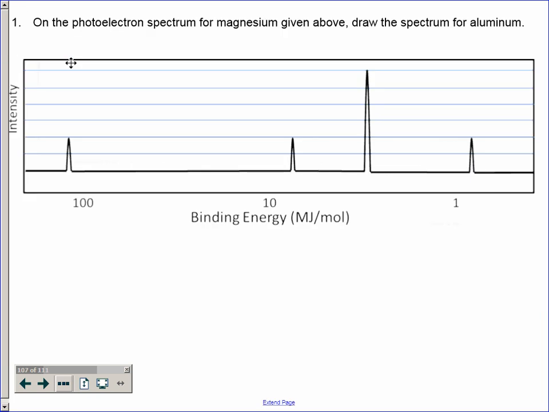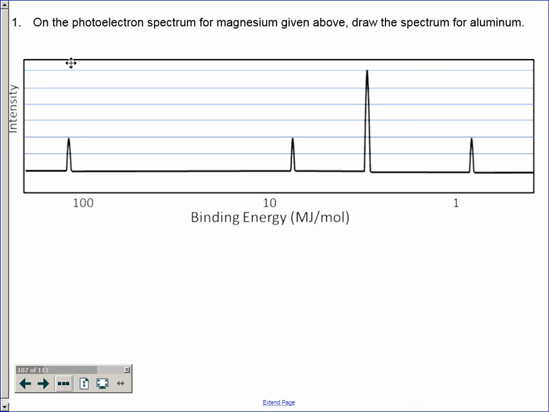And then 7, I think I copied the answer, so come back up here with me. If we have magnesium here, you can see the peaks. Go ahead and sketch this someplace for magnesium, and then overlay, so superimpose aluminum's spectrum on it.